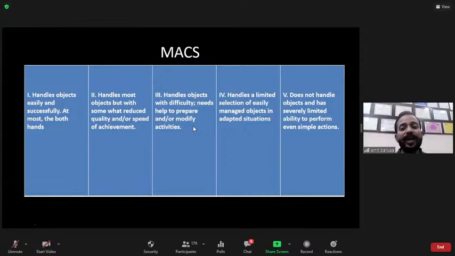What about level 5? Level 5, it's something like if I'm just using my head for some kind of communication, like bye-bye, or maybe yes or no kind of things, but there's no functional performance in that particular child. So if I'm writing down a case of GMFCS level 3 and MACS level 2, I think I'm very much explanatory in that particular thing.